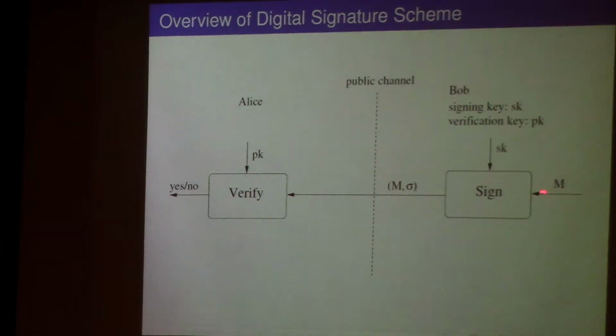This message M is signed by Bob using what is called a secret key or a signing key of Bob. So only Bob knows the signing key. Bob will apply the signature algorithm with the signing key to the message M and produce this signature sigma. So this sigma is the signature of Bob on the message M, and this is what will go across.